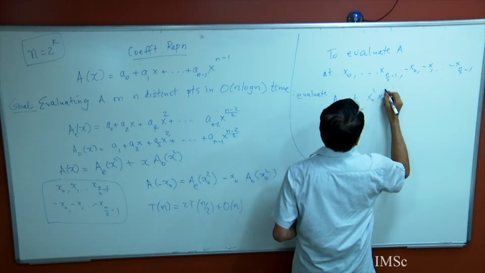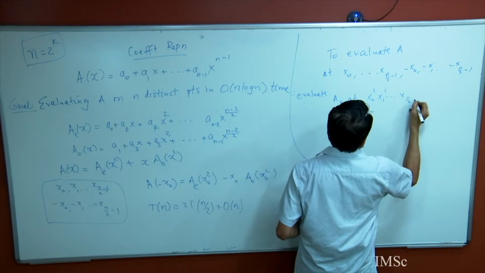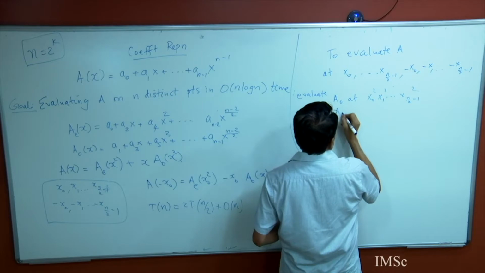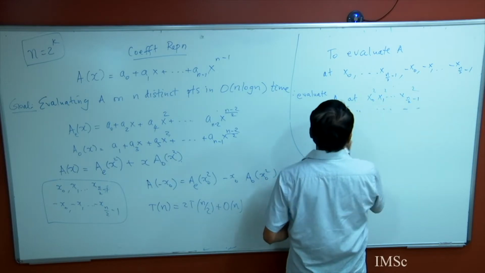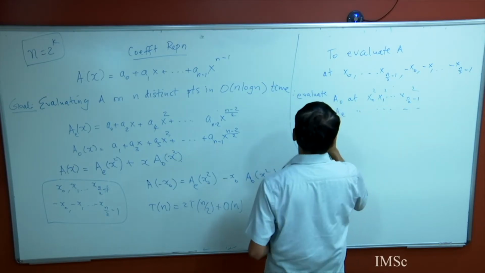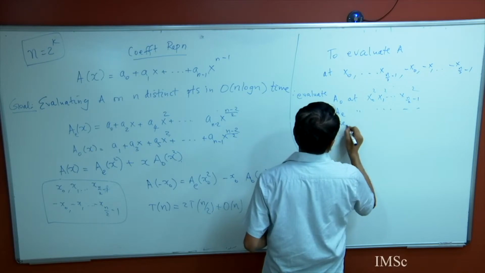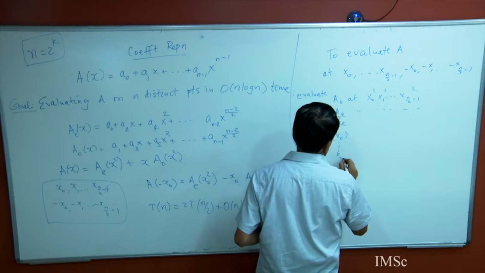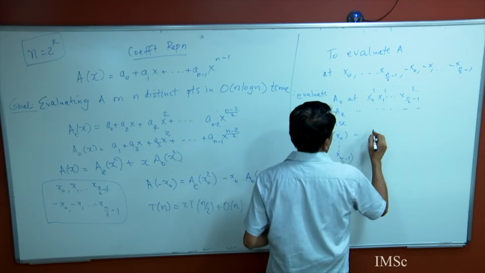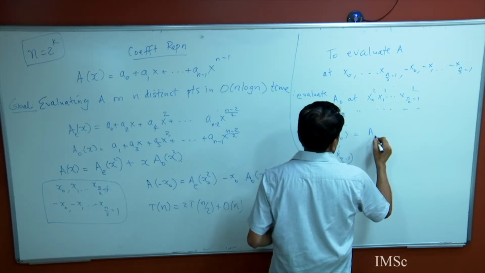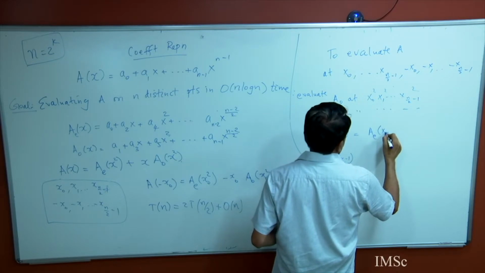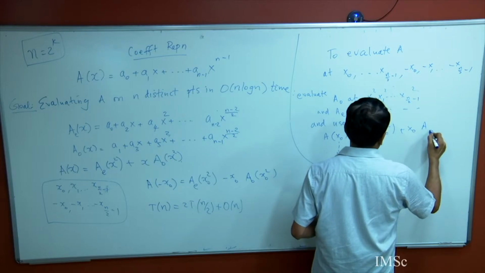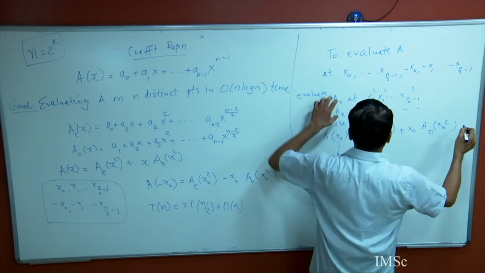X0 square, x1 square, up to x_{n/2-1} square, and AE at the same points, and use the formula that A of x0 to x_{n/2-1} would be AE of x0 square plus x naught into AO of x0 square, which you already computed.